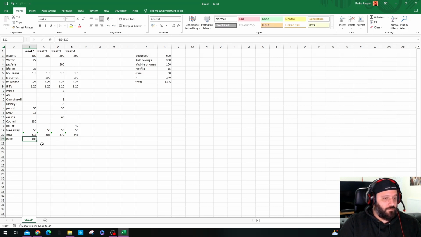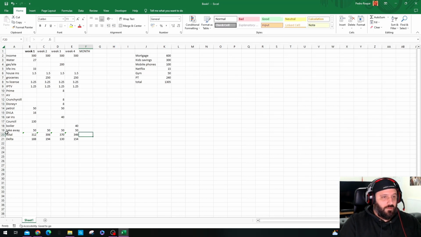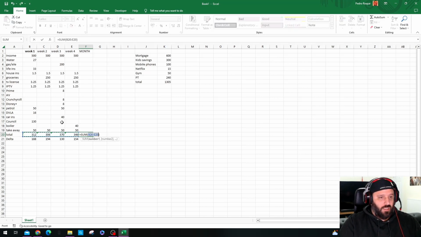And there you go. Now you do exactly the same as you've done for all the other columns. Okay, so here we can put month, right? And then you can do exactly the same. Add all of these.